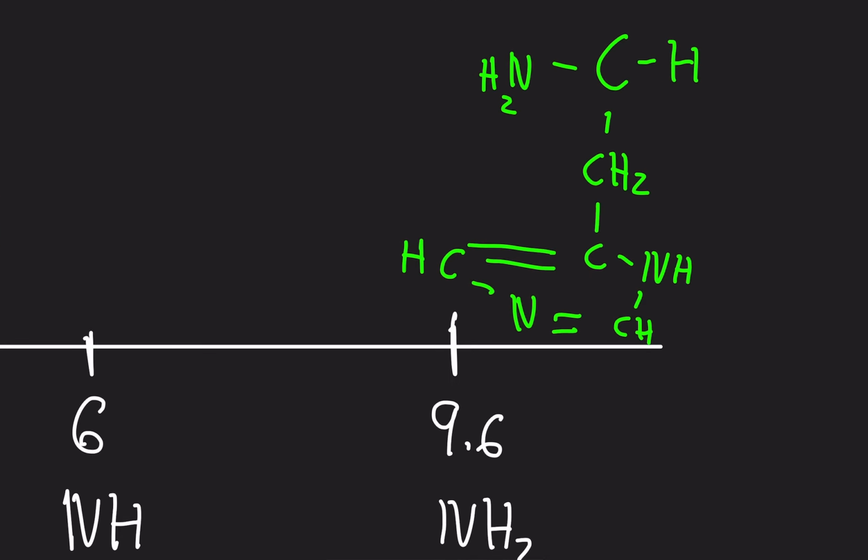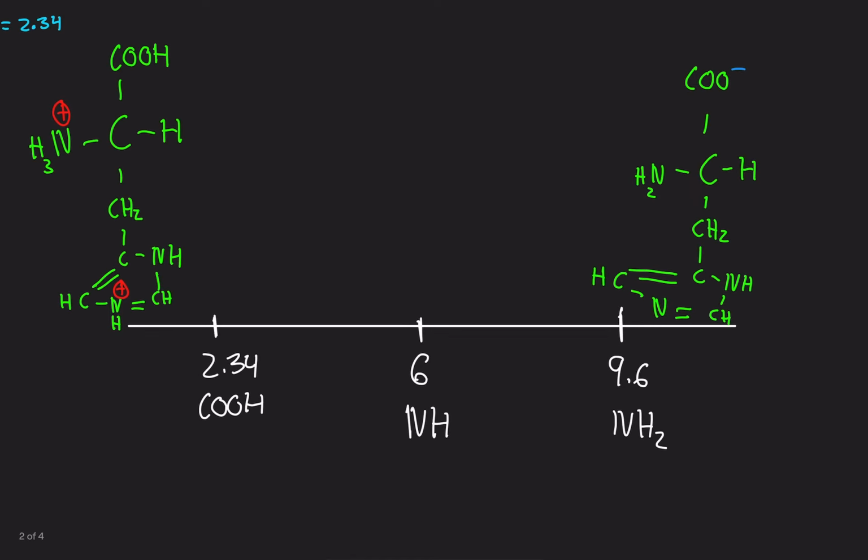Nitrogen does not have a negative charge because it has 1, 2, 3 bonds. Nitrogen loves to have 3 bonds. That's what it favors. So it has no charges on it. And this is a negative charge. Okay.